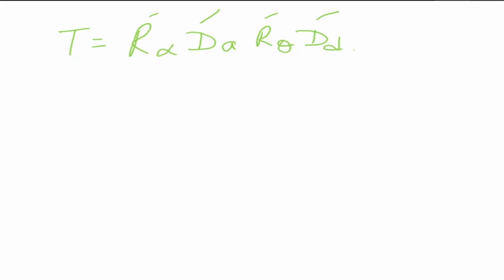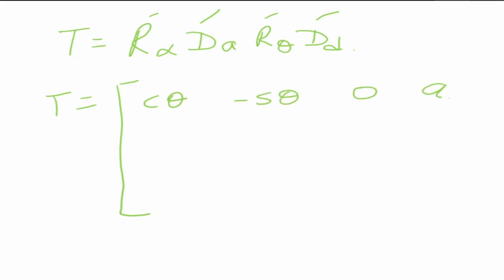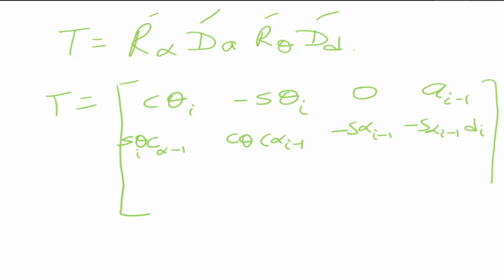And if I multiply them out, put the corresponding values and multiply it out, we get the generalized matrix which is given by cos theta i, minus sin theta i, 0, a i minus 1. So there is a convention of writing a i minus 1 and i. Here it is sin theta i cos alpha i minus 1, cos theta i cos alpha i minus 1, minus sin alpha i minus 1, minus sin alpha i minus 1 d i.